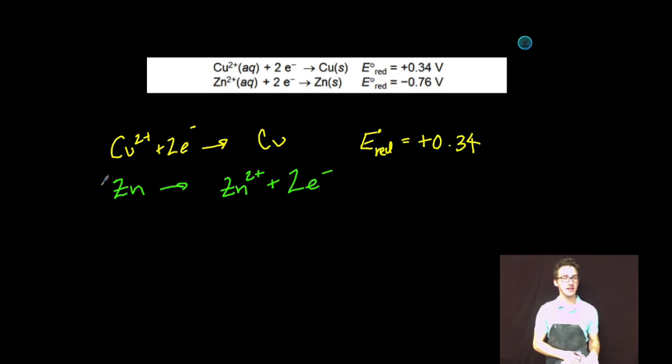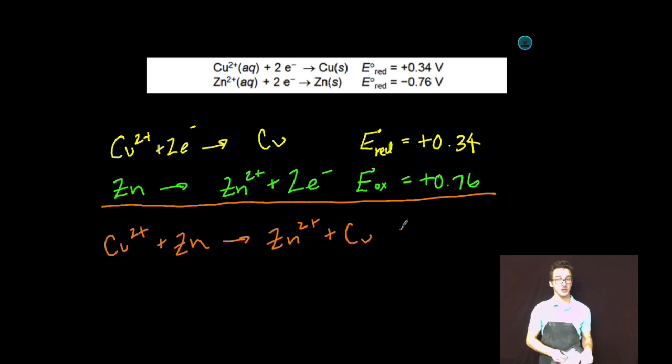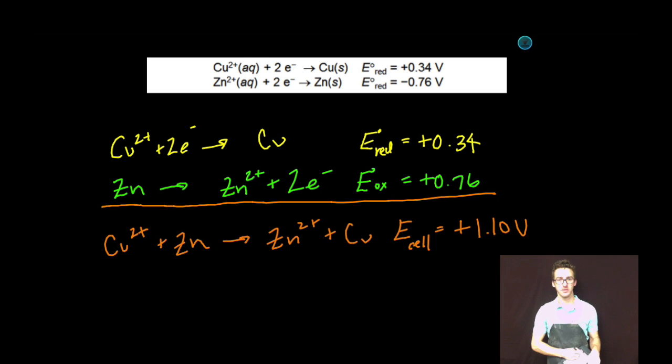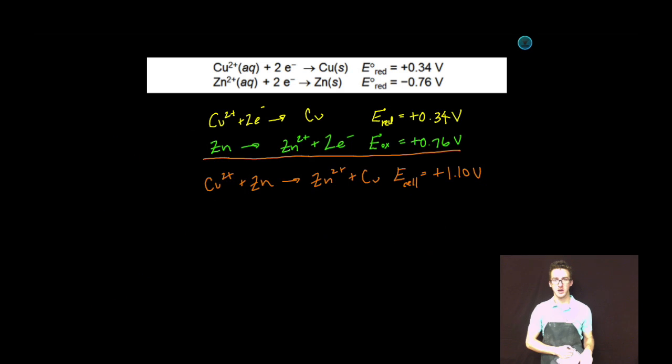But because I've written my zinc half reaction as an oxidation half reaction, the oxidation potential is the same numerically but opposite in sign. So when I combine these two to determine the cell potential for the reaction overall, all I do is add these two together, and I get a value of positive 1.10 volts. Don't forget your units.